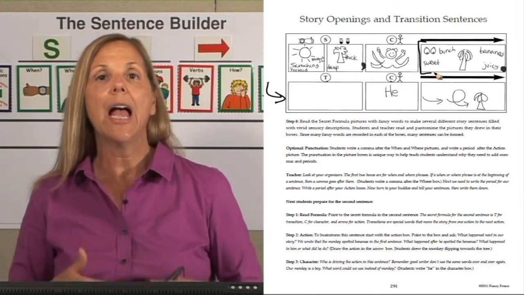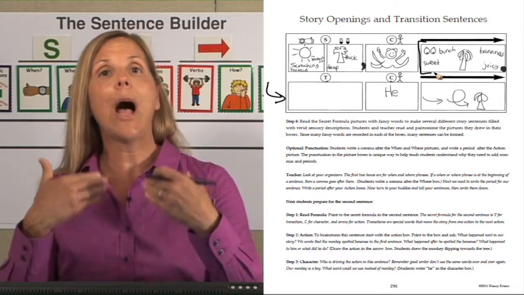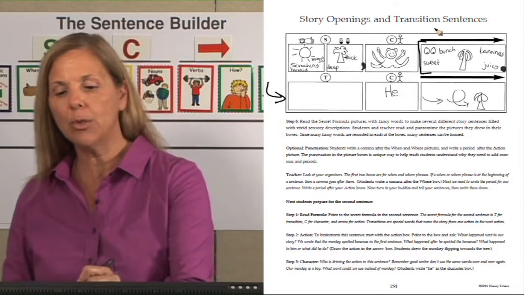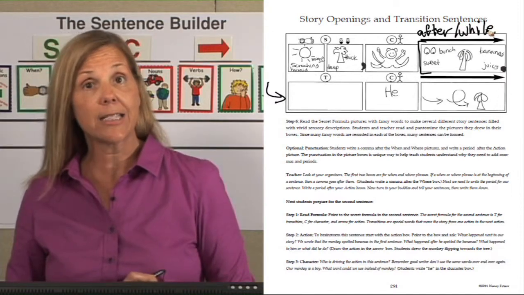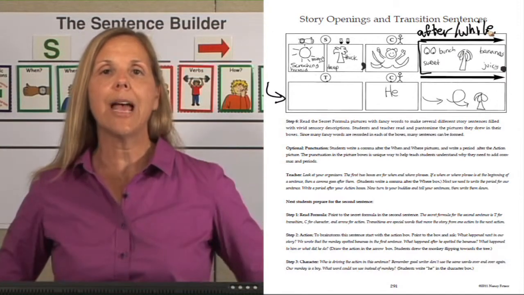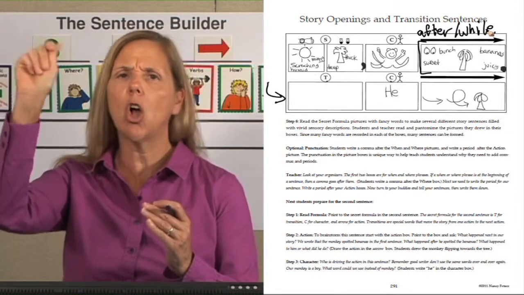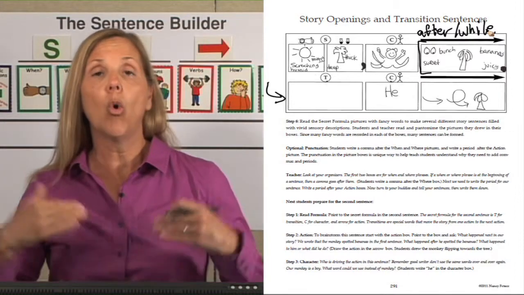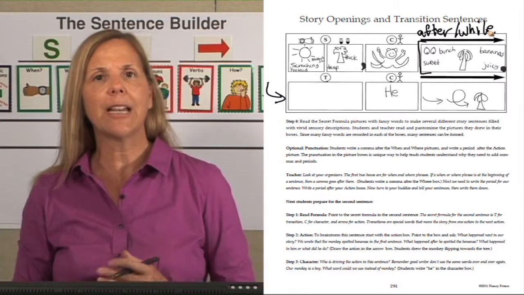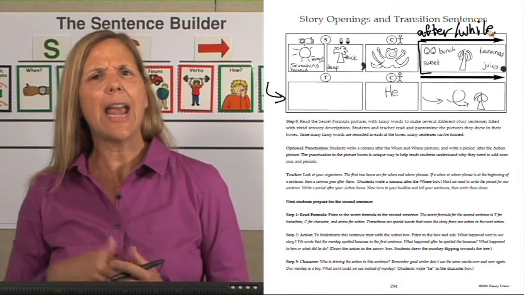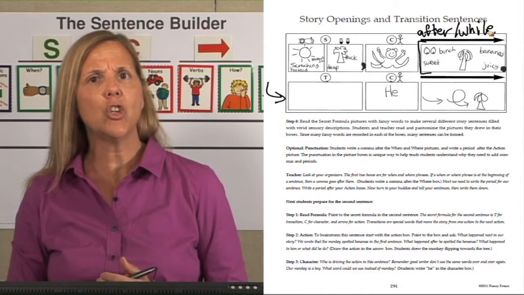And we say, after the monkey or while the monkey. So we're going to either use after or while to sequence to the next action. What happened next? After the monkey saw the bananas high up in the tree. Or what happened next? While the monkey saw the bananas up in the tree. I think we're going to say after he saw the bananas. What did he do next?